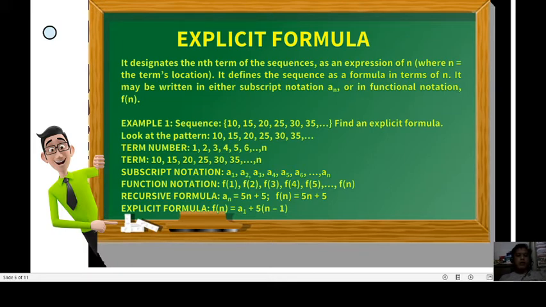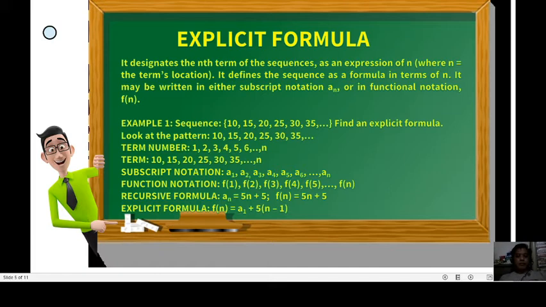For our formula, we have a sub n equals 5 times n, because for every term number, we multiply it by 5 and add 5. Therefore, our function notation is equal to 5n plus 5.